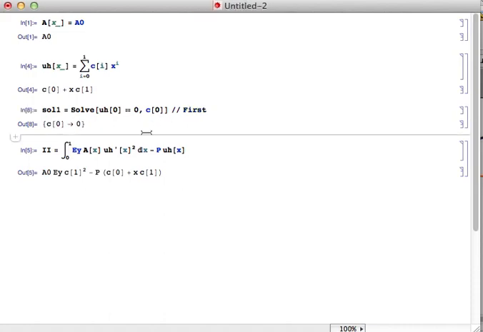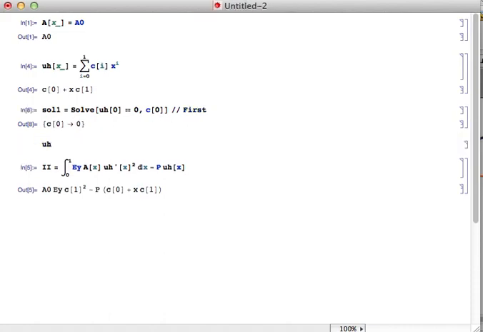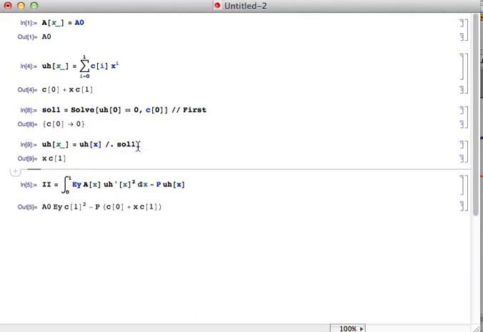And we can then define u of h equal to what it was before, but evaluated with C0. So that slash dot right here means I'm going to evaluate the solution sol1. So it's going to plug in this number into this and give me a new function. Okay. So there's what I get.